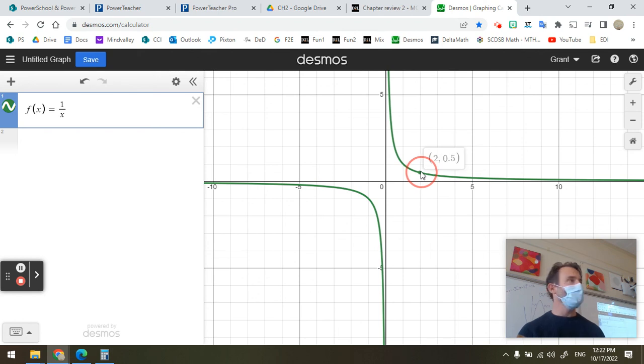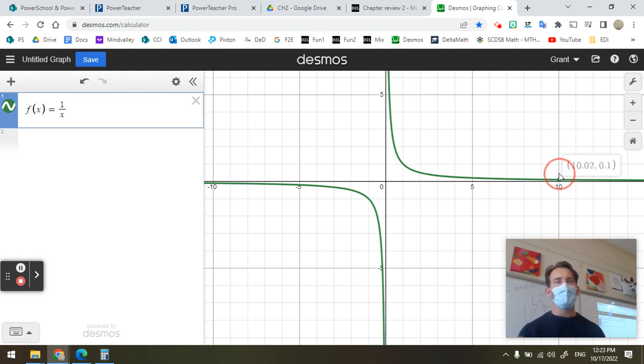If x is 3, I'll get a third, your favorite repeating 3's there, 0.33 repeating. Then 4 would be a quarter, so there's 0.25, 5 will be a fifth, there's 0.2, and 10 would be a tenth, there's 0.1.